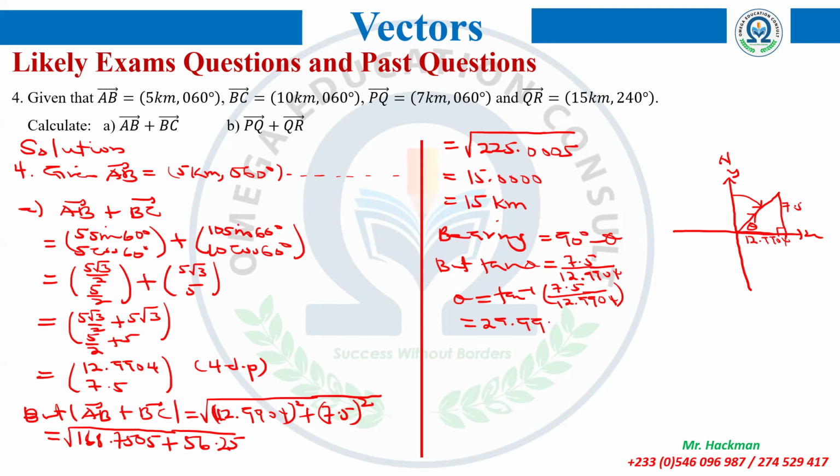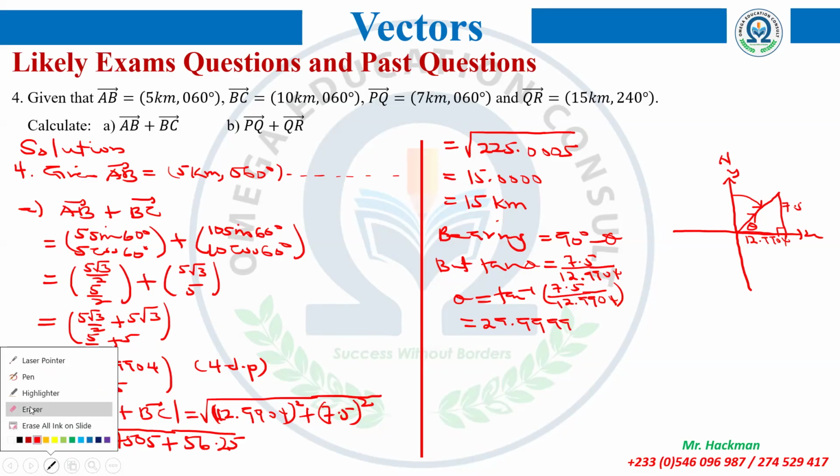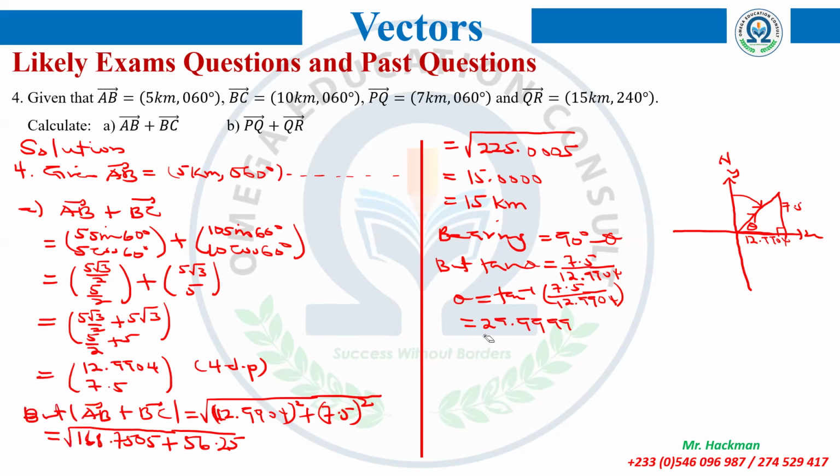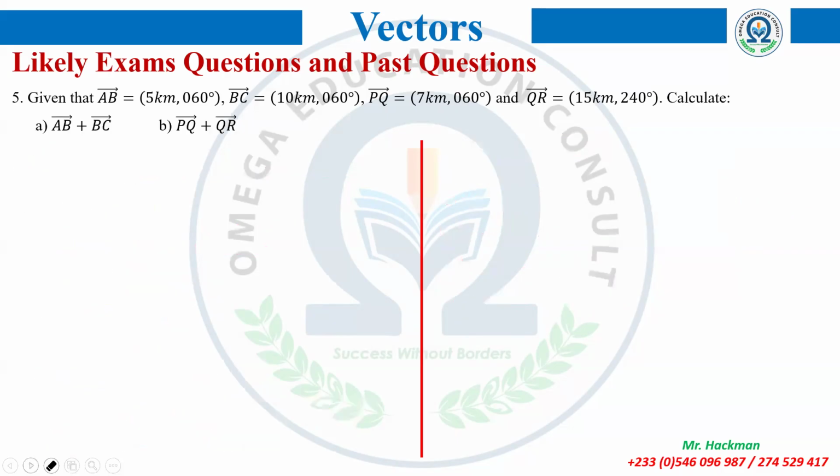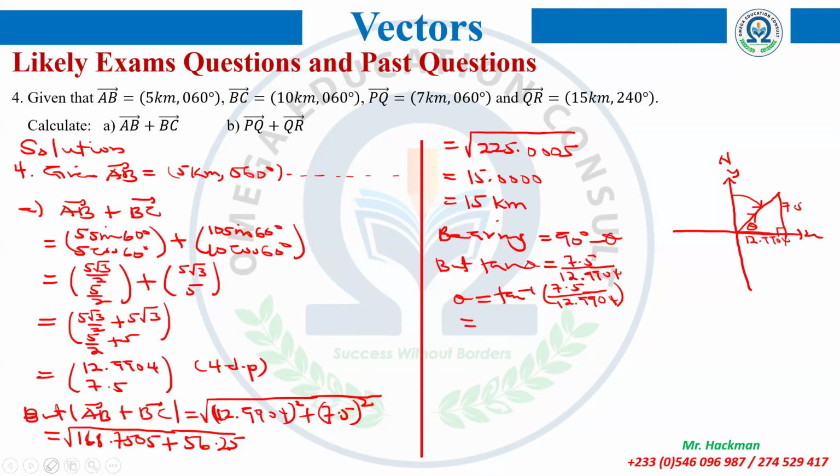Then you know what to do: you approximate mentally before you write. So it will be 29.9999, and if you do that, we get 30 degrees. All right, so you write 30 degrees.